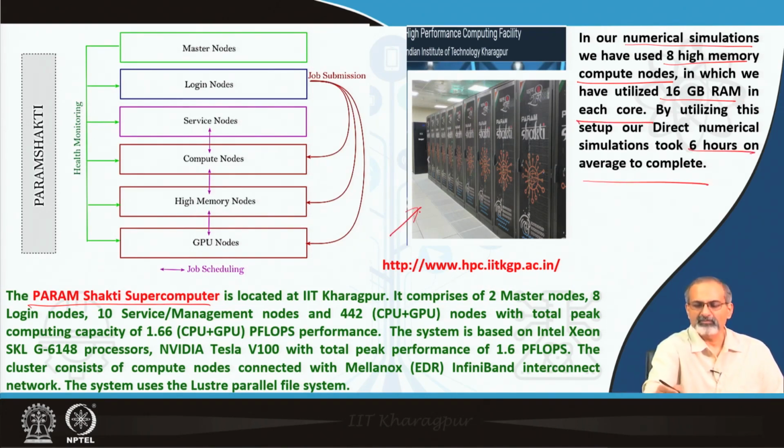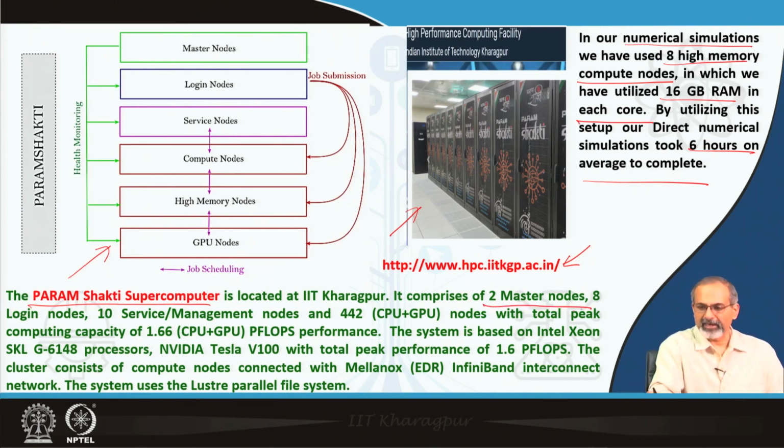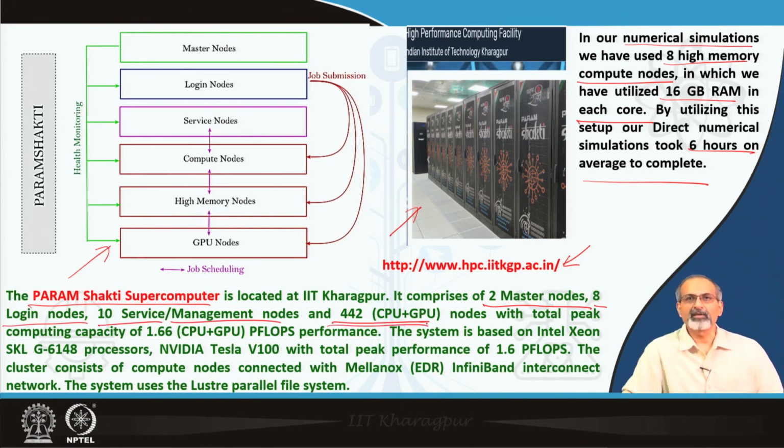So, this is a small snapshot of the physical facility. You will find more details on it in this link. This is a kind of cartoon representing the broad layout of the HPC. Some more details: it has 2 master nodes, 8 login nodes, 10 service and management nodes, and 442 nodes comprising of CPUs and GPUs, giving a peak computing capacity of about 1.66 petaflops performance.